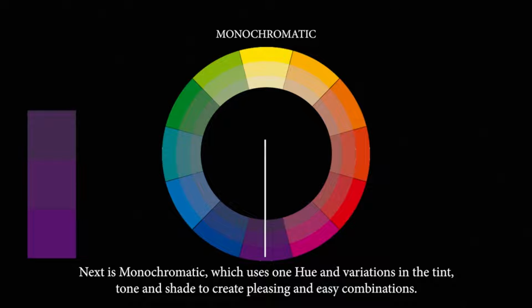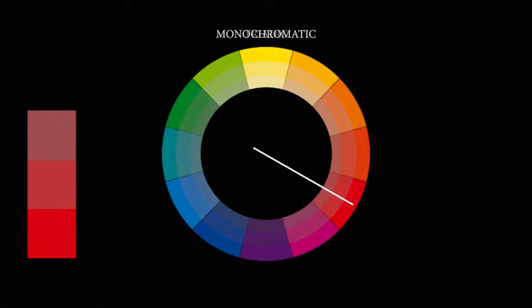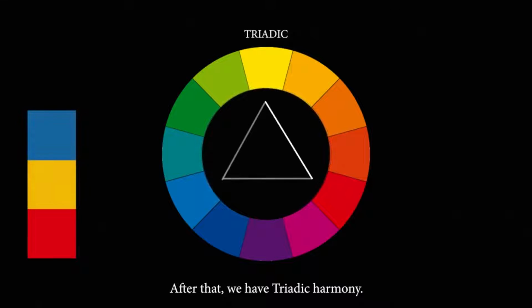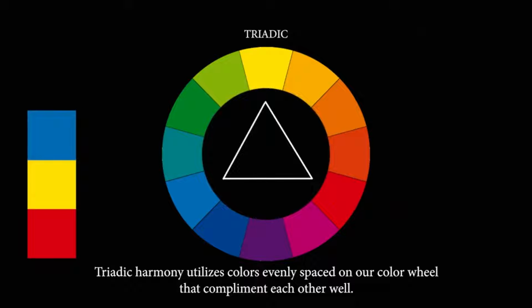Next is monochromatic, which uses one hue and variations in the tint, tone, and shade to create pleasing and easy combinations. After that, we have triadic harmony. Triadic harmony utilizes colors evenly spaced on our color wheel that complement each other well.